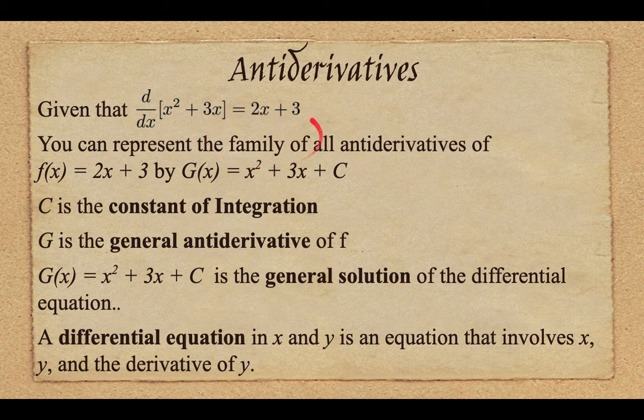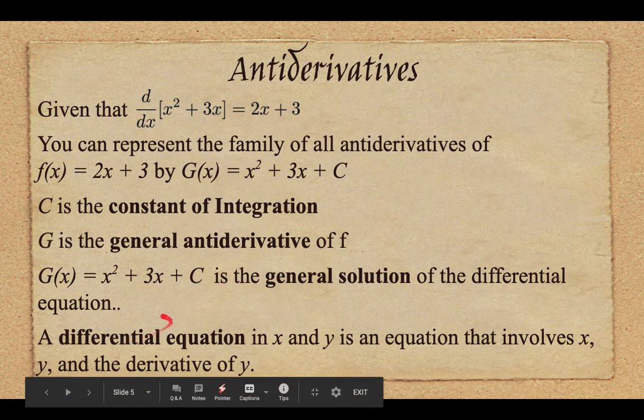We talk about a family of antiderivatives, because all of the antiderivatives are going to be x squared plus 3x plus some constant. C we call the constant of integration. G is the general antiderivative. Then this x squared plus 3x plus c is what we call the general solution of the differential equation.